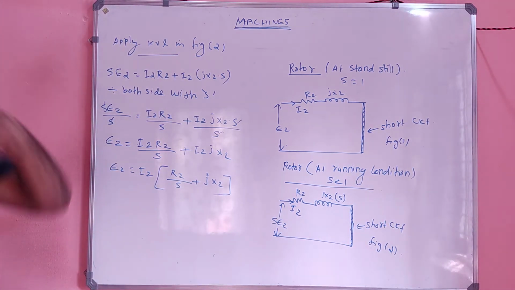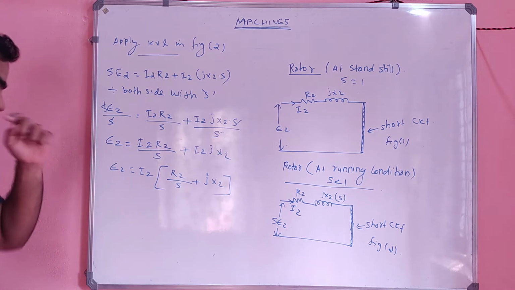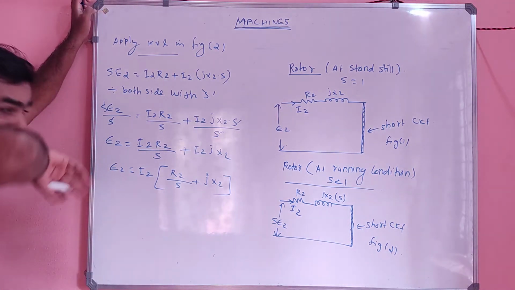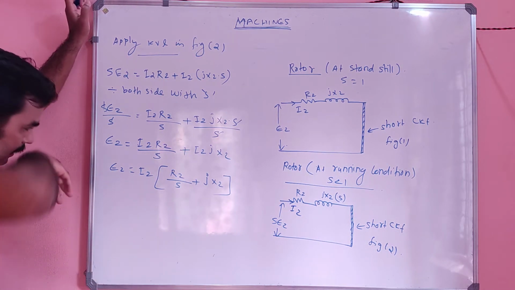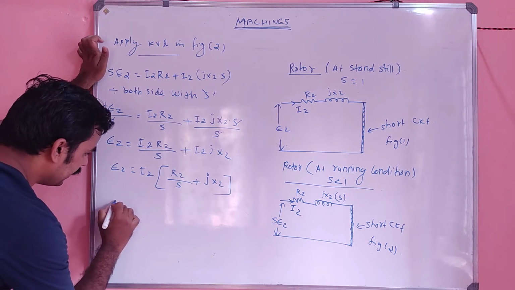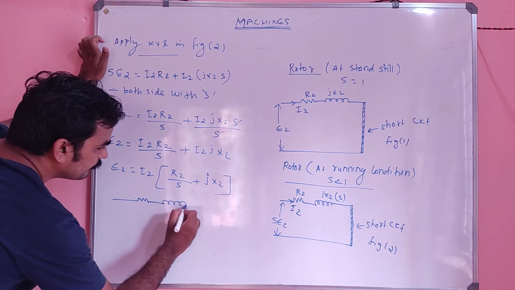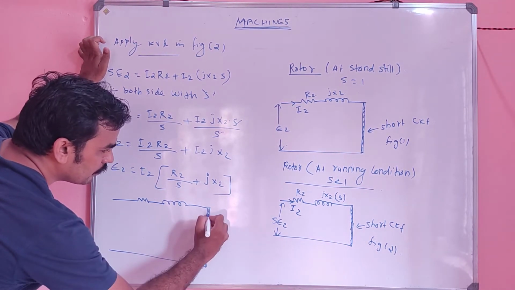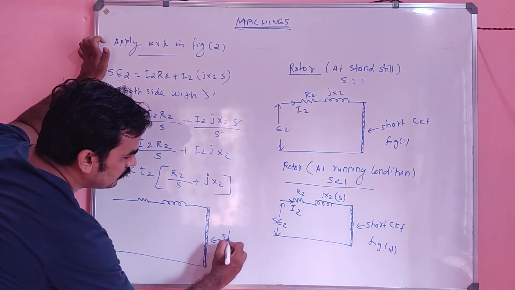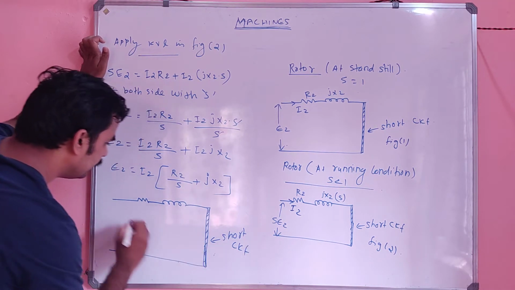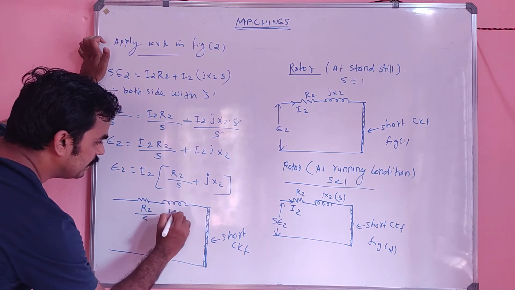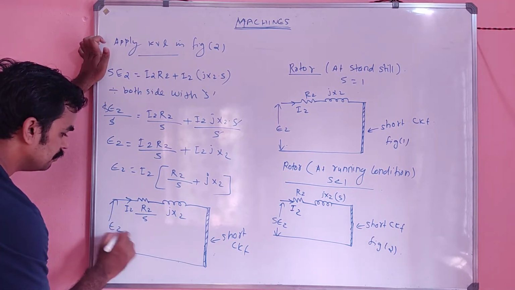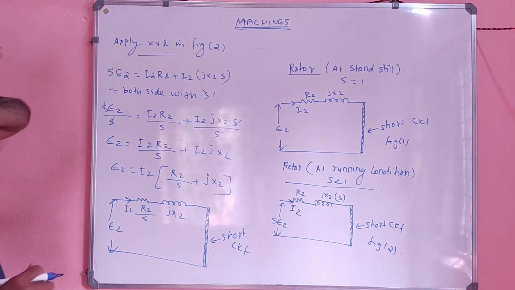This is our area of concern. This equation is our area of interest. So by using this equation, I am going to draw a new equivalent circuit on the secondary side. Listen very carefully. There is no change in that, but here it will be R2 by S and here simply jX2, and it will be I2 and E2.